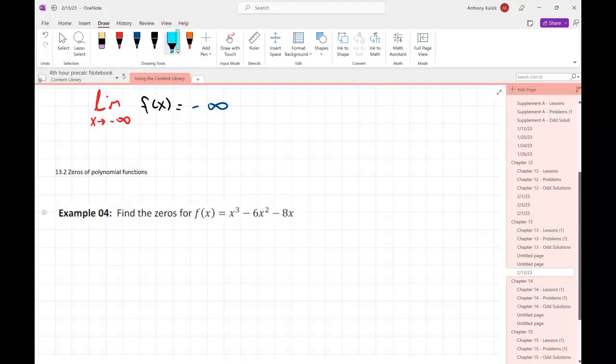So all I'm going to do is I'm going to start by replacing my f of x with a 0. So far, so good. Now, to solve this equation, what's the first thing I look for?